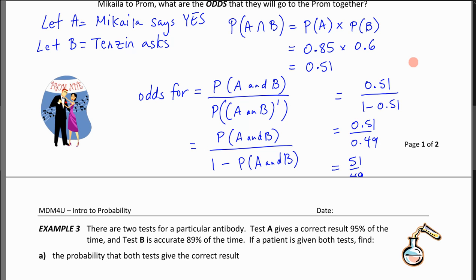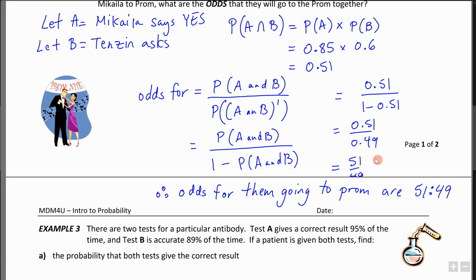So my concluding statement would be: therefore, the odds for them going to prom are 51 to 49.